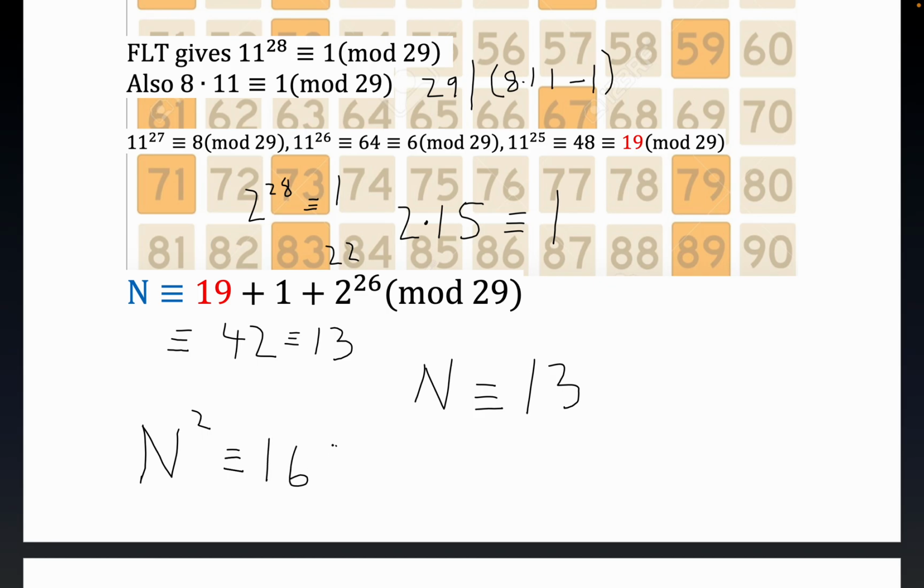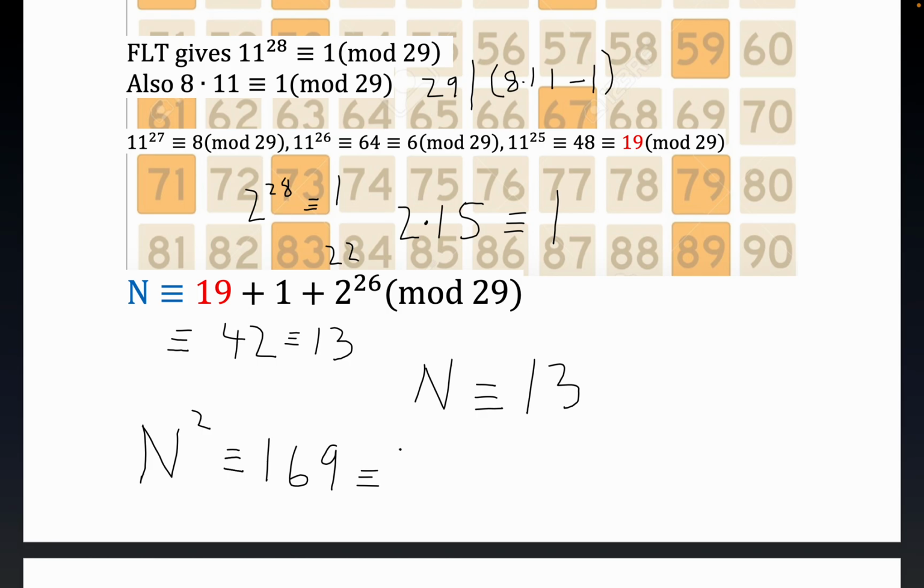Okay, but let's see, 169, I believe if you do the calculation on that, you get 24, I believe. Let's see here. Yeah, 169. Let me go ahead and write this down and then show you the arithmetic.